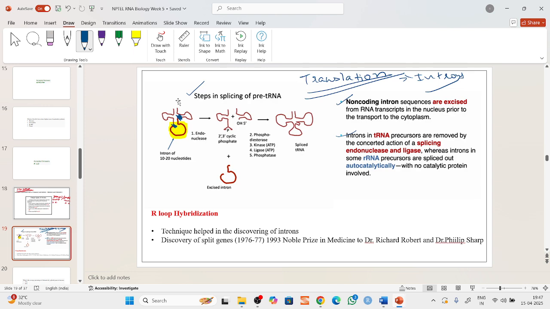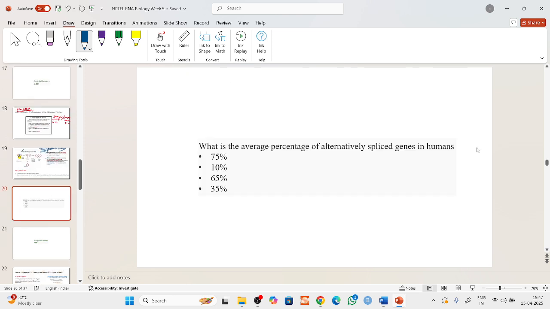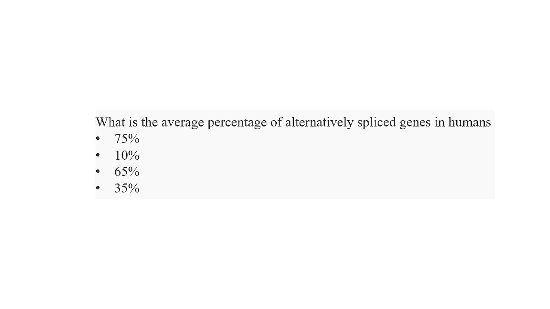But let us first go through some questions. This is a question which says, what is the average percentage of alternatively spliced genes in humans? A 75%, B 10%, C 65%, and D 35%. Try to answer this question.